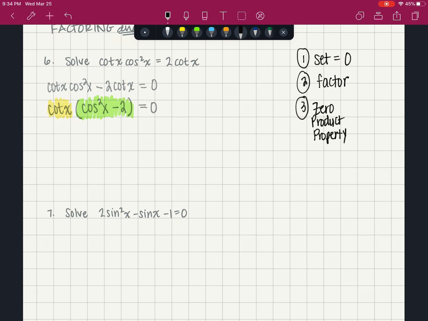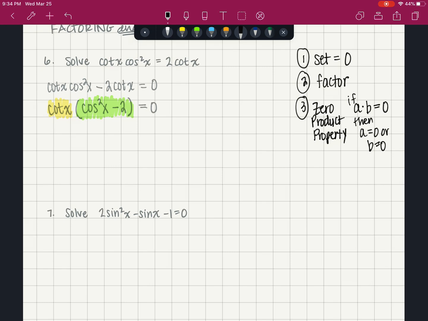We learned this way back when we learned our multiplication tables. The zero product property says if you multiply factors together and the product is 0, then one of those factors has to be 0. So either A has to equal 0 or B has to equal 0.